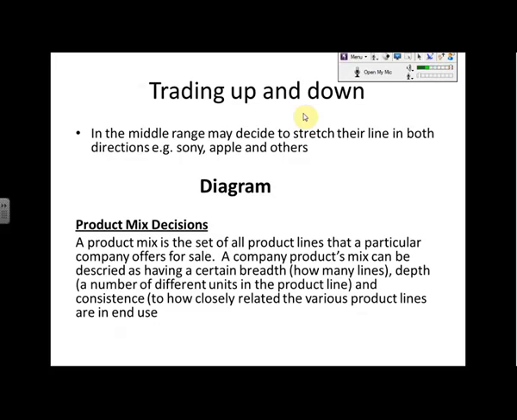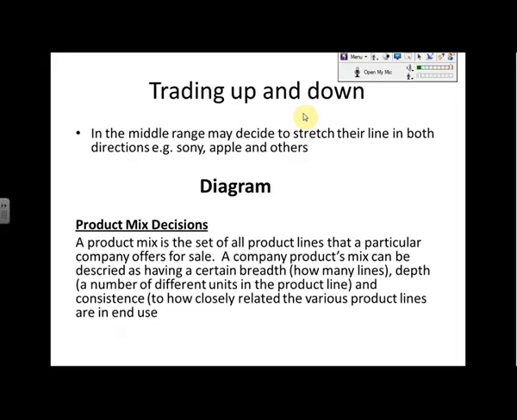A company's product mix can be described as having a certain breadth, right? How many lines that company has. Secondly, it can also be described in terms of depth, all right? Where you are saying the number of different units in the product line, how many are they?